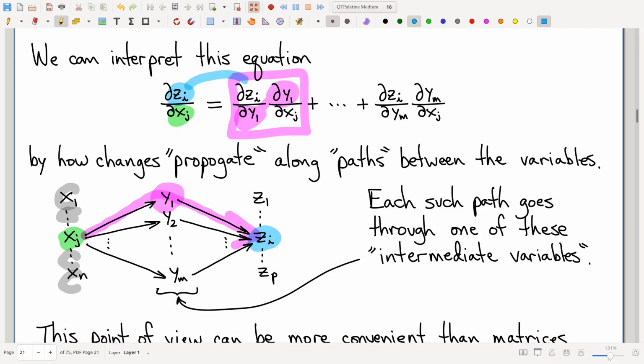Whatever you're taking a partial of will always be there. Whatever you're taking a partial with respect to will always be there. The structure of these terms is always the same. Everybody happy? Okay, so this is a great way to think about it. I'm a big fan.